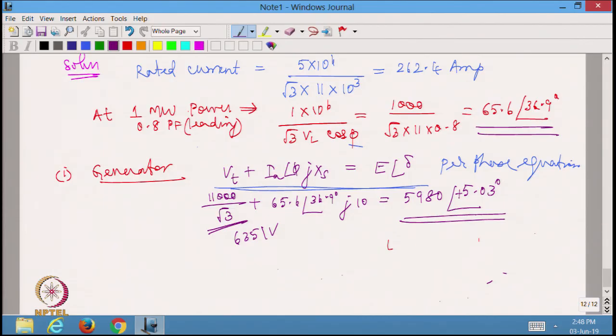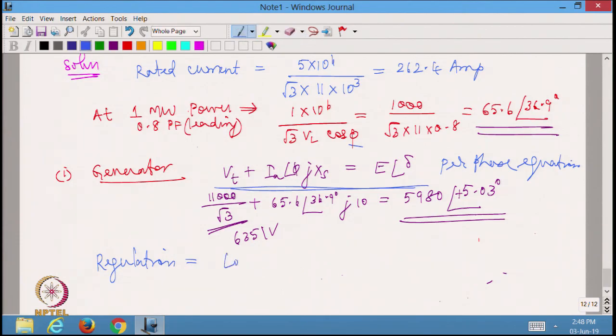So, I am going to have actually, under this condition, I can calculate regulation. Although this is not asked, I am just calculating it. Regulation is, what is the open circuit voltage minus the load voltage, rather the other way around, load voltage minus open circuit voltage, right.